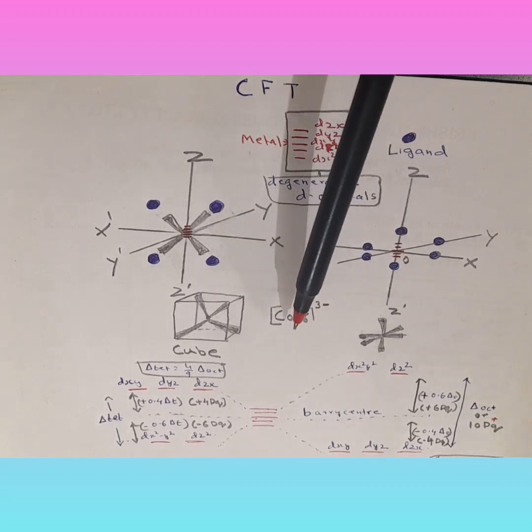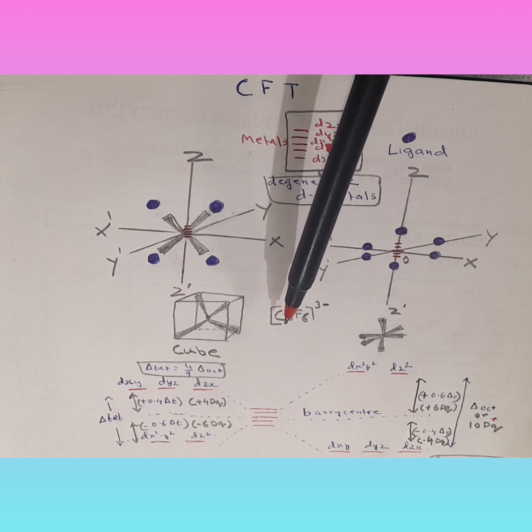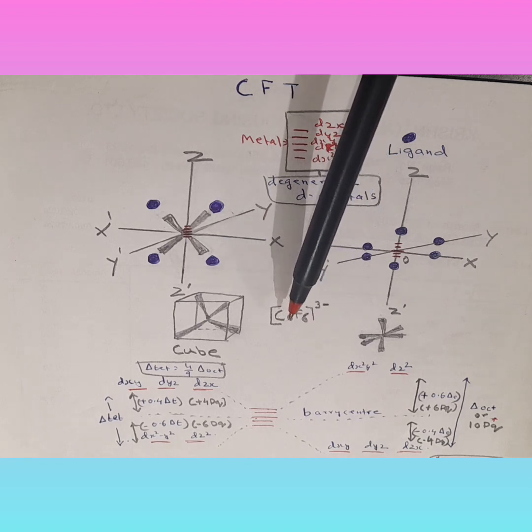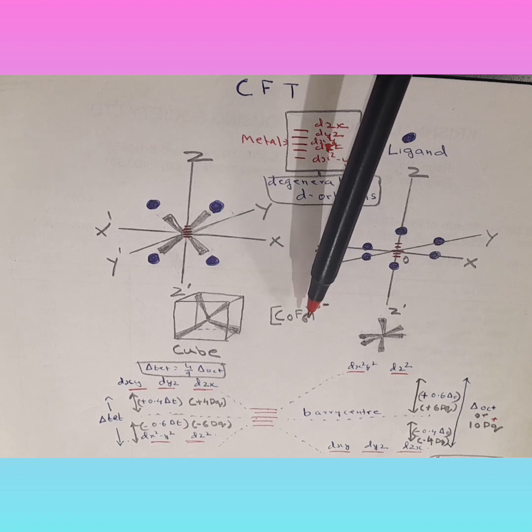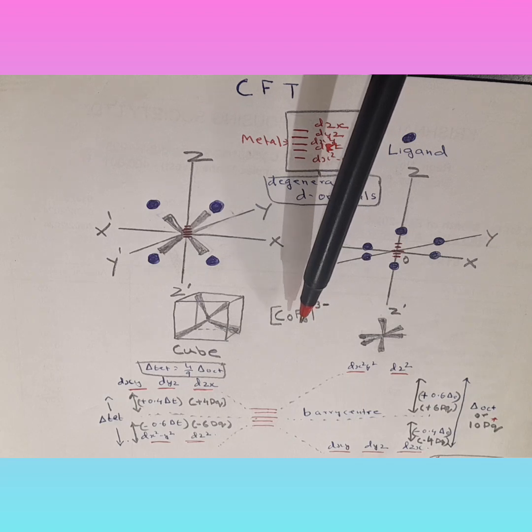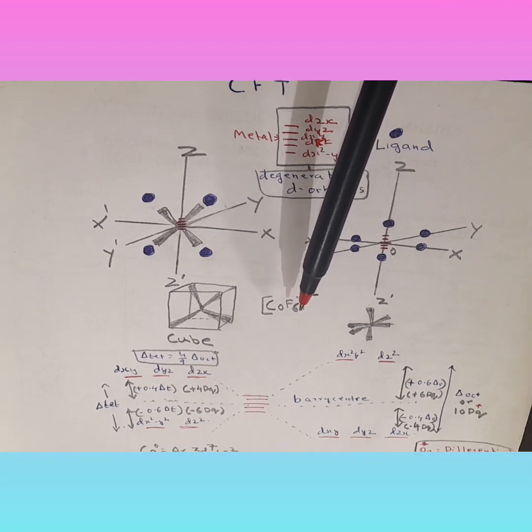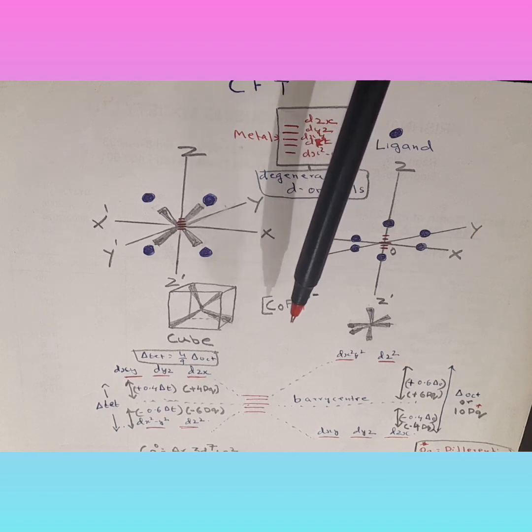Now here cobalt is a d block element, a metal, and it has to have essentially empty d orbitals. Whereas fluoride, F minus, is a Lewis base. It's negatively charged. So ligands have to be Lewis bases, that is, they have to have an excess of electrons to donate, a lone pair to donate.